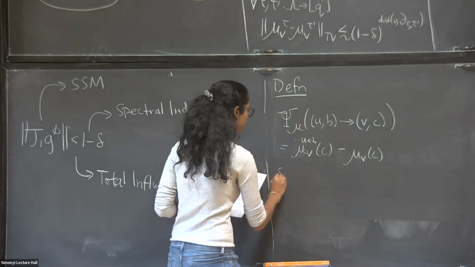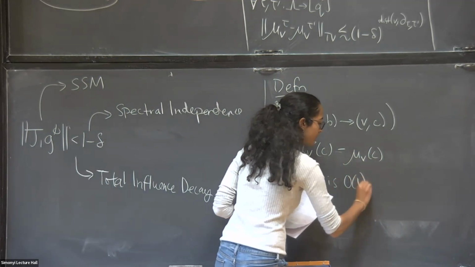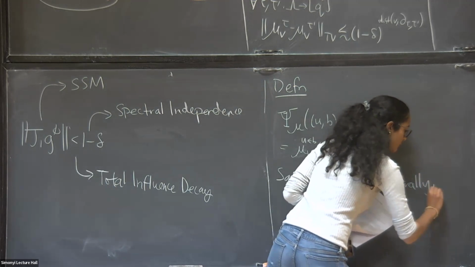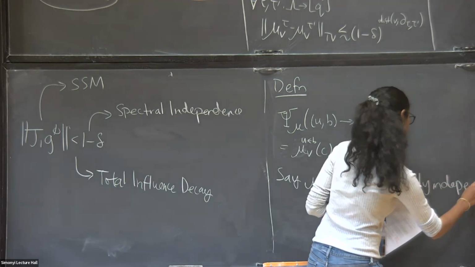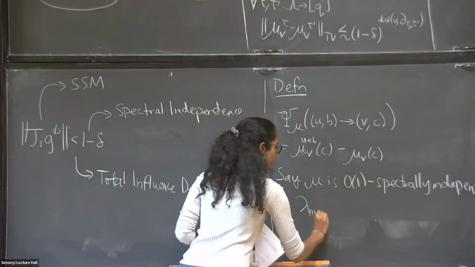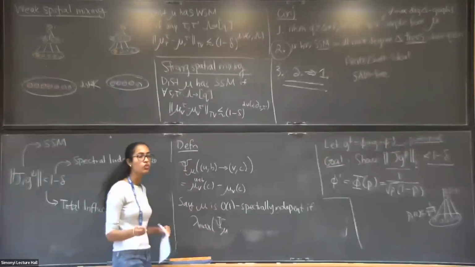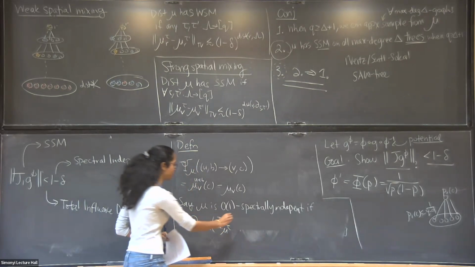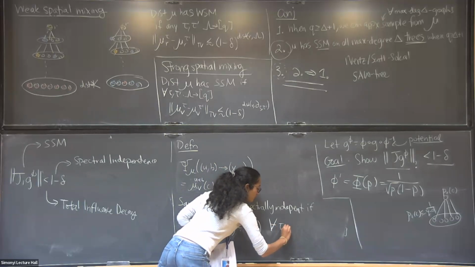And we'll say that distribution mu is big O(1) spectrally independent if the maximum eigenvalue of not just this influence matrix, but, in a way that should remind you of strong spatial mixing, the conditional influence matrices, is big O(1) for all pinnings.